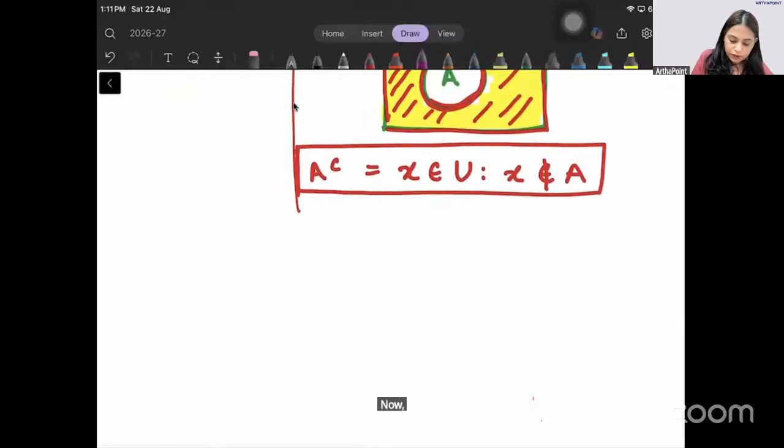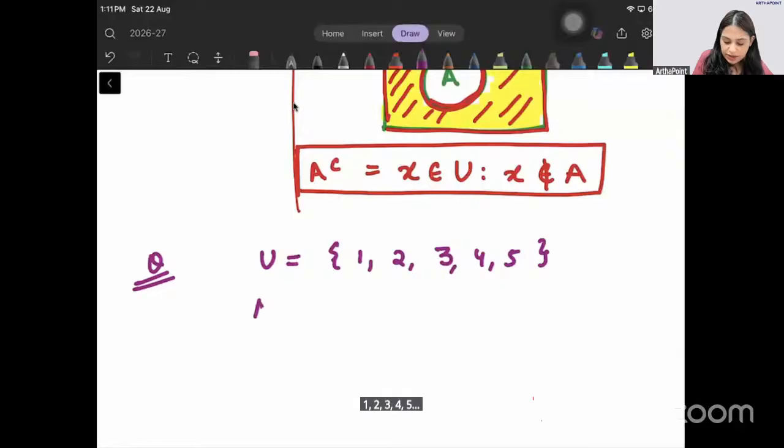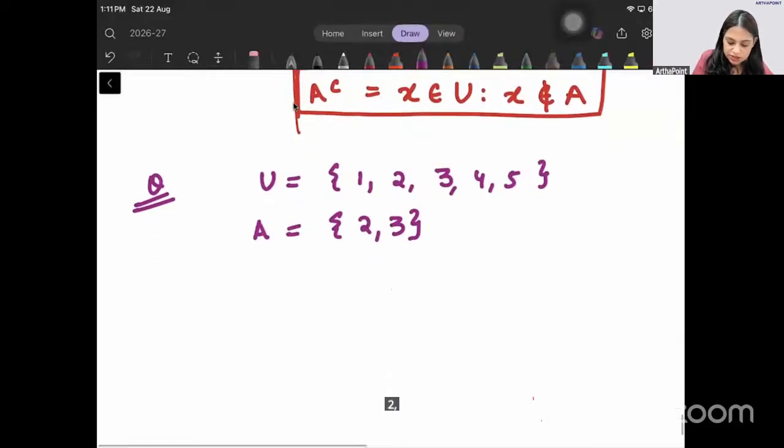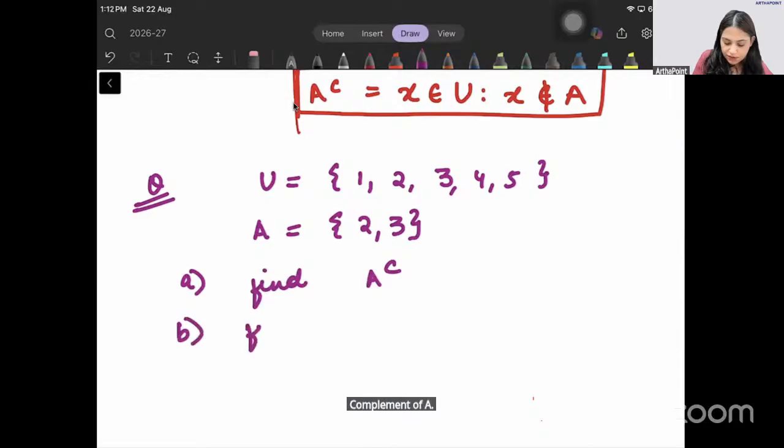Now, question for all of you. Suppose universal set is 1, 2, 3, 4, 5. A is 2, 3. Quickly do this. Find complement of A. Find A complement union universal set.